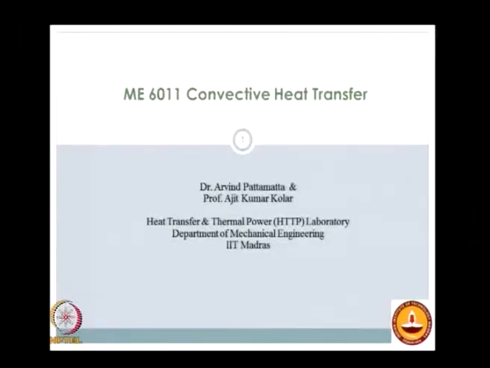This semester the course Convective Heat Transfer is being offered by myself and Professor Ajit Kolar from the Heat Transfer and Thermal Power Laboratory of our Department of Mechanical Engineering.